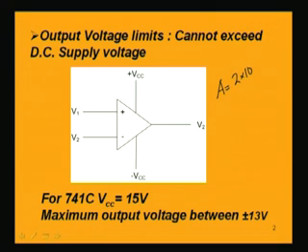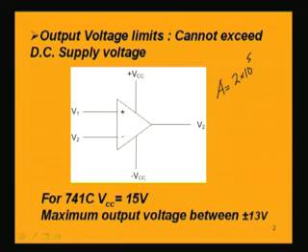Now the output voltage V naught which we will be getting from the OpAmp cannot exceed this supply voltage. For example, we consider an OpAmp having a voltage gain of say 2 into 10 to the power 5, and the circuit, for example an open loop circuit, that is the open loop gain is 2 into 10 to the power 5.